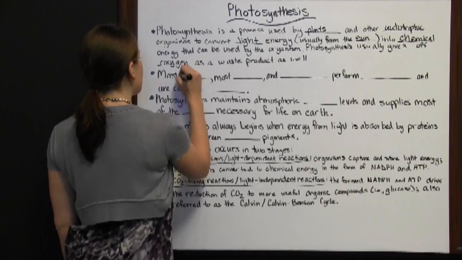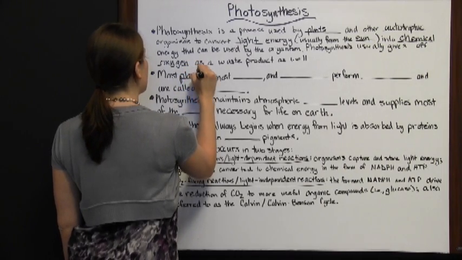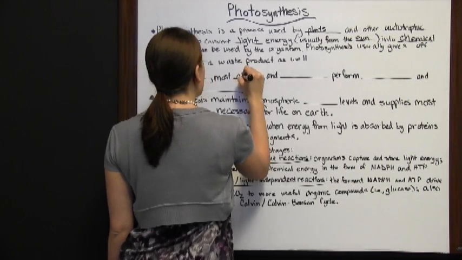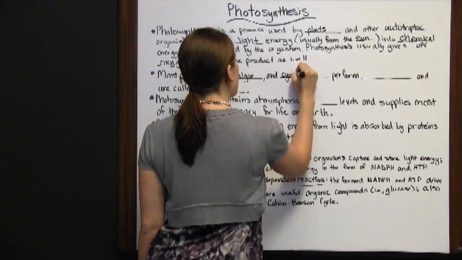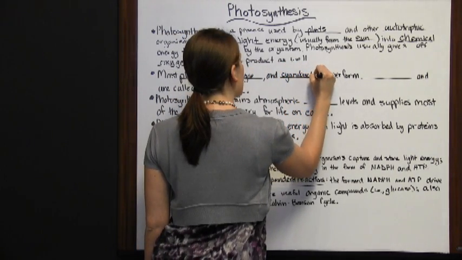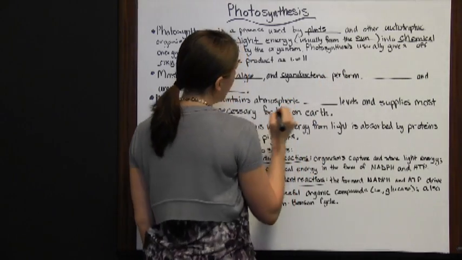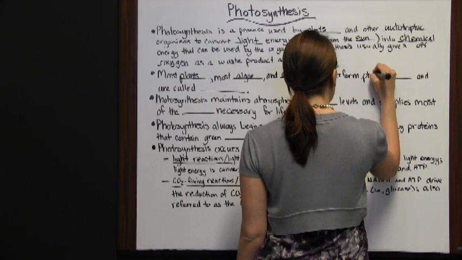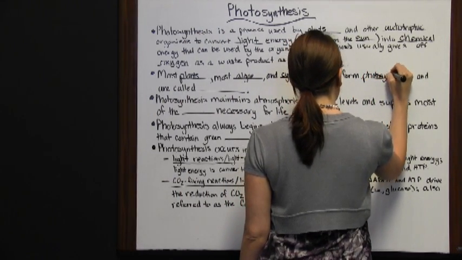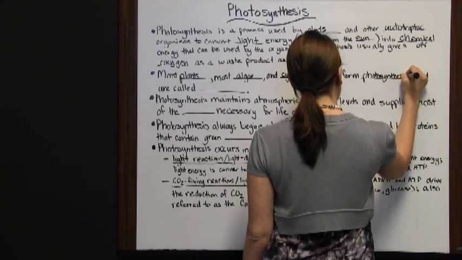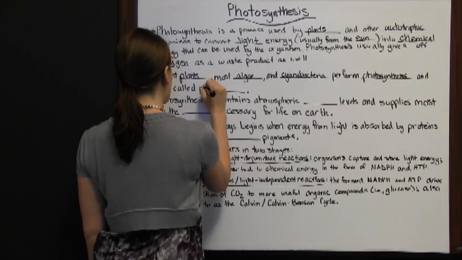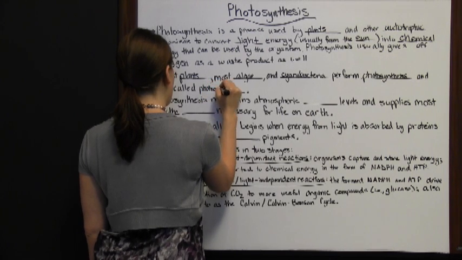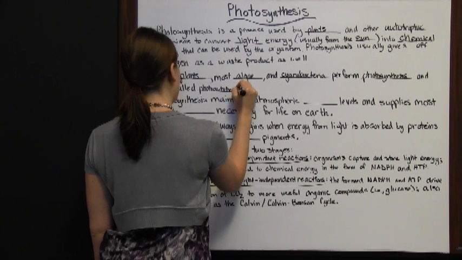Most plants, most algae, and cyanobacteria perform photosynthesis and are called photoautotrophs.